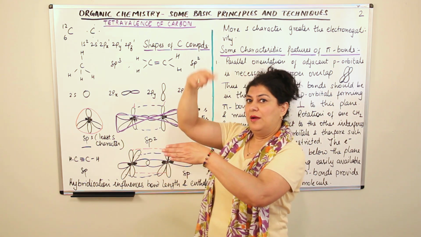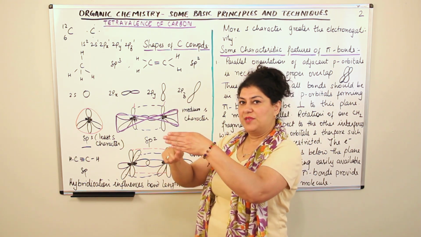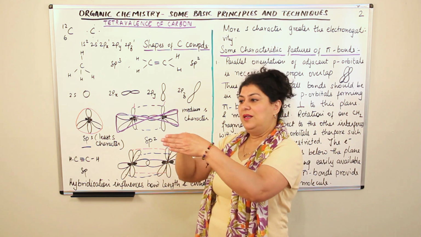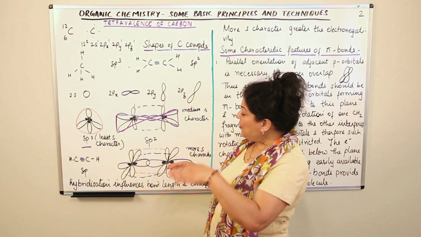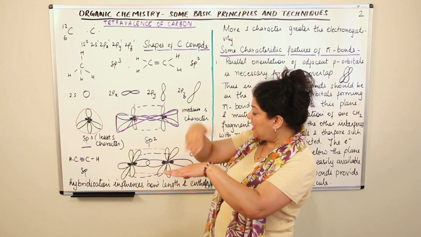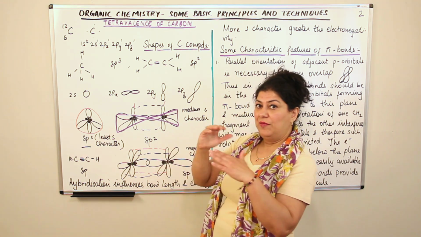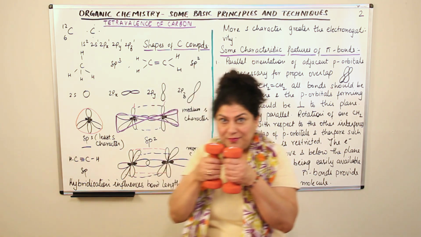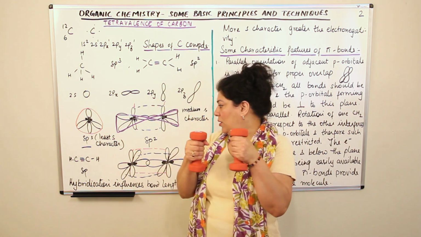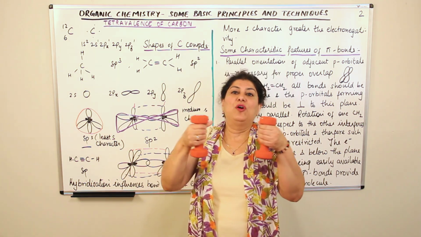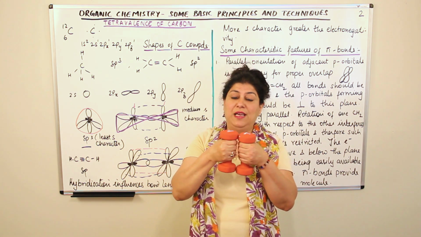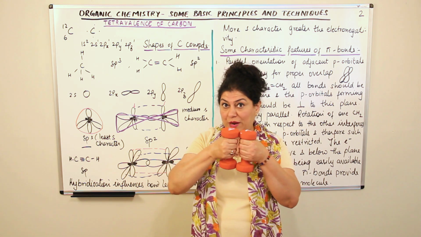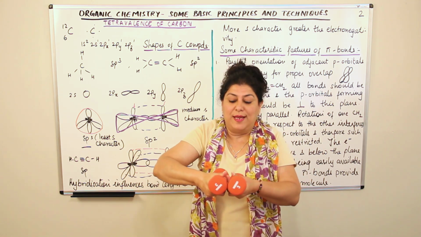So one of the unhybridized orbitals may be above and below, but the other may be along another angle, right? The one that is above and below will overlap sideways. Any two orbitals that are parallel, if they overlap sideways, form a pi bond. So it overlaps sideways and forms one pi bond, and another one that is this way.